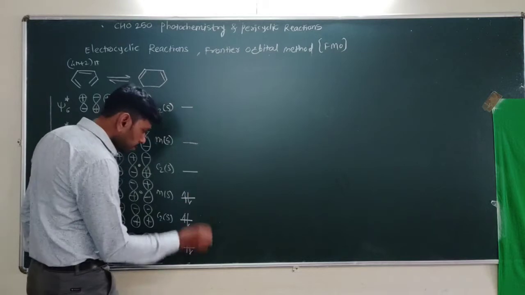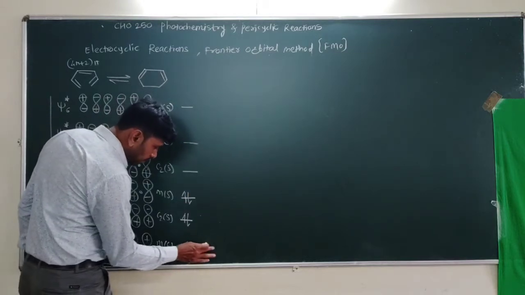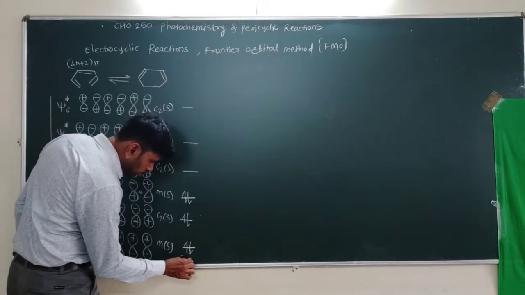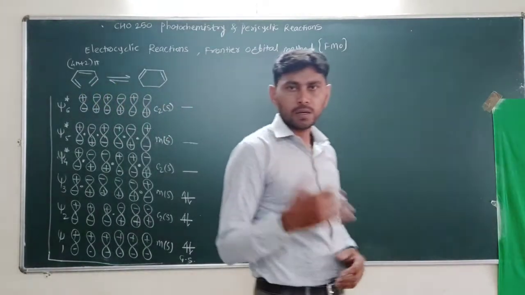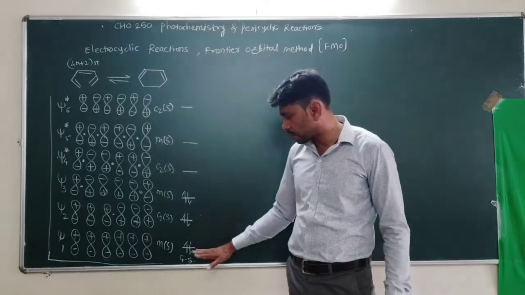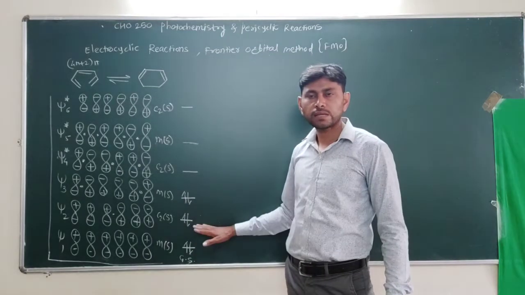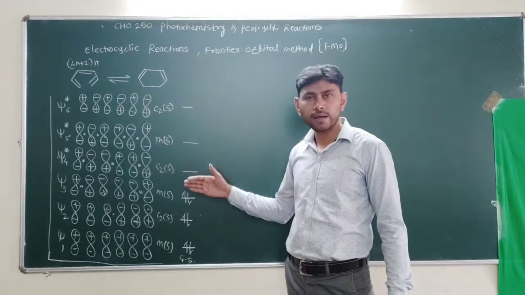This is the ground state representation. In the ground state, there is no excitation. The orbitals are filled with the lowest energy first, then higher energy, then again higher energy.